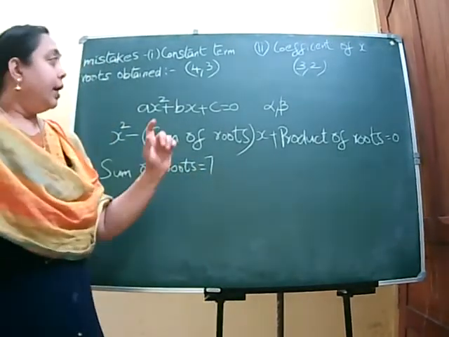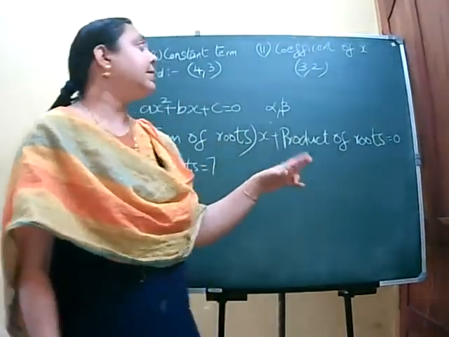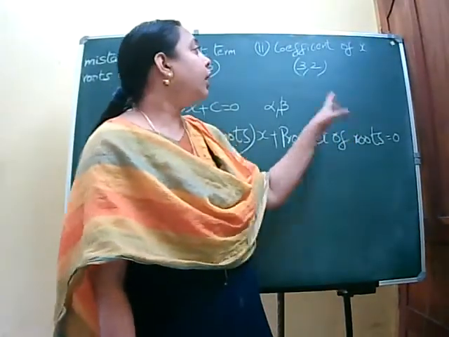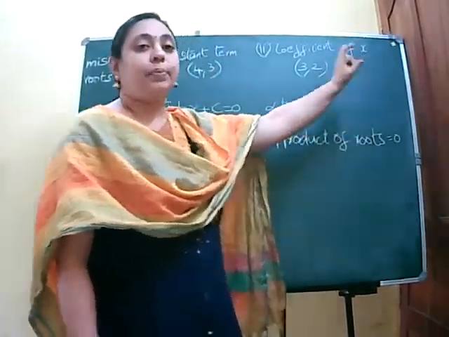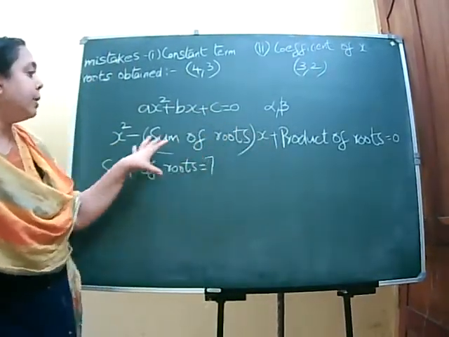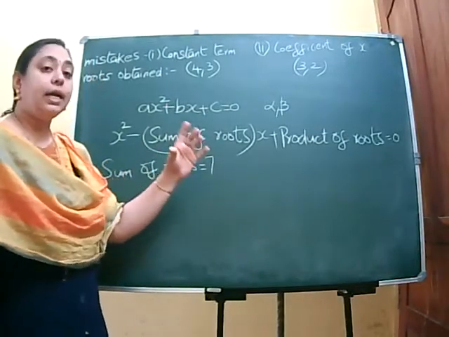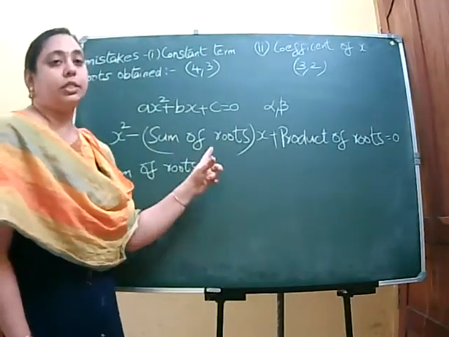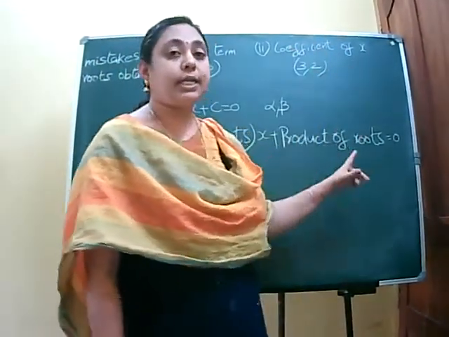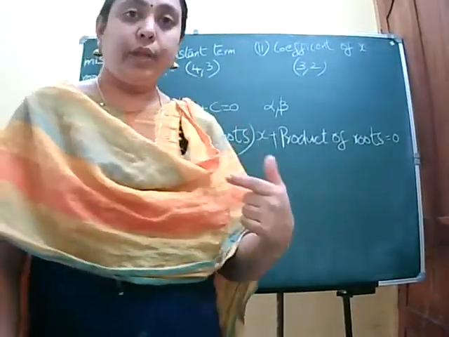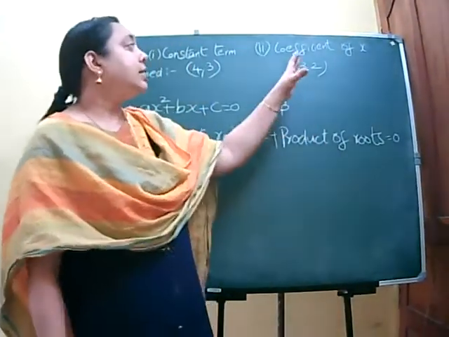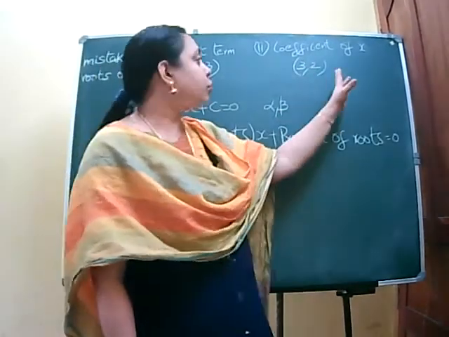Next we consider the second case, that is, the second student made the mistake in writing down the coefficient of x. Coefficient of x means he makes the mistake in writing down the sum of the roots. So in his equation the product of the roots is correct for our required equation. According to his equation, the product of the roots is 3 into 2, 6.